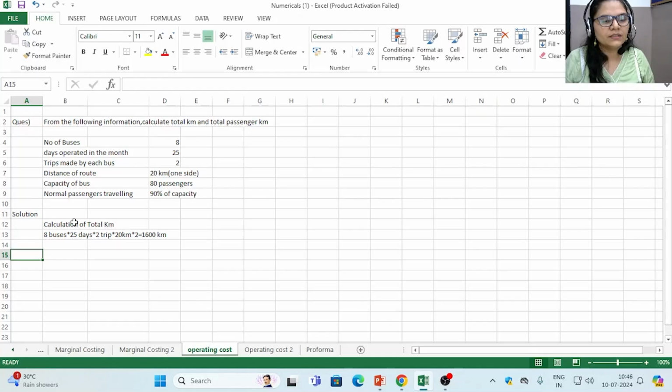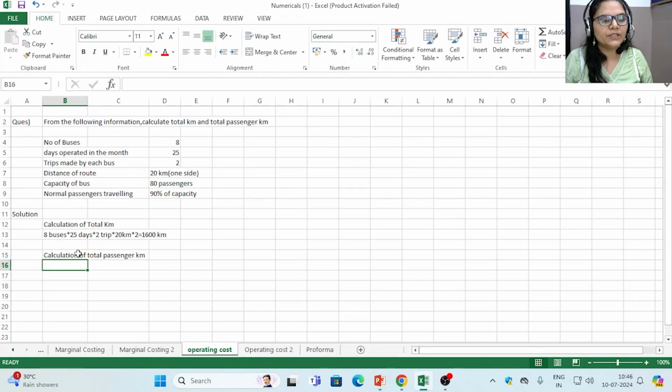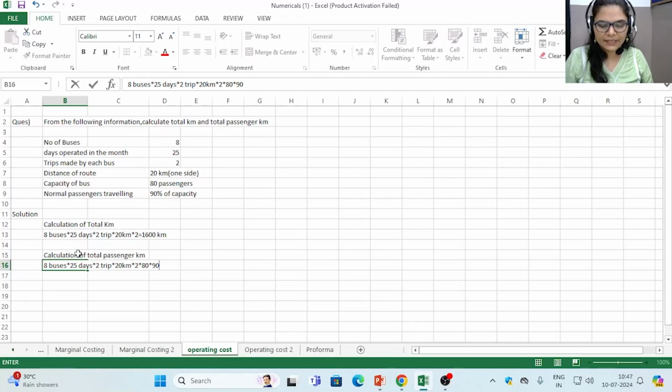Next is the calculation of total passenger kilometer. It will be 8 buses multiplied by 25 days, multiplied by 2 trips, multiplied by 20 kilometer, multiplied by 2, multiplied by 80 passengers and multiplied by 90%.